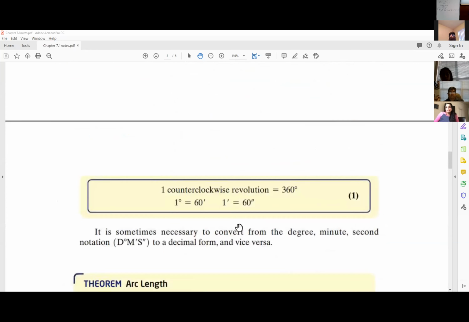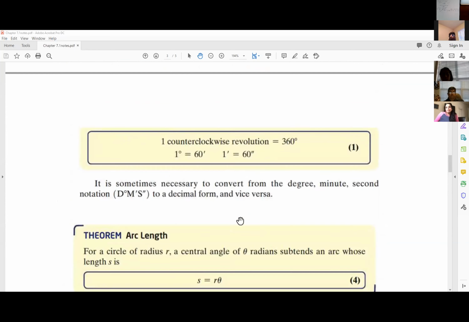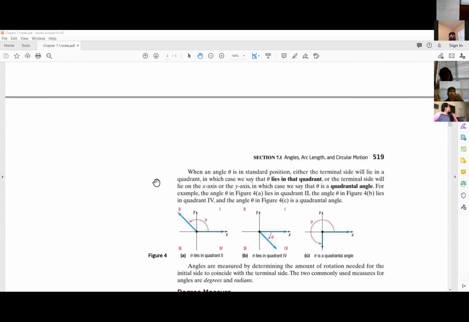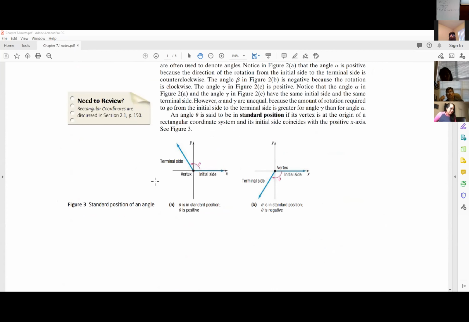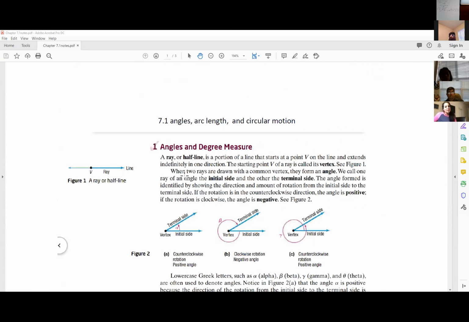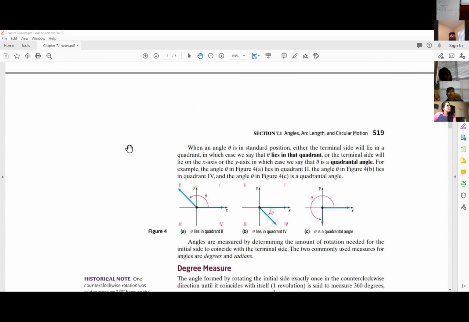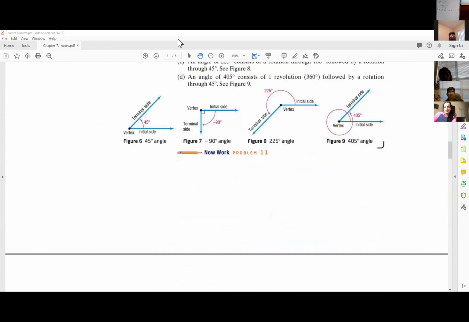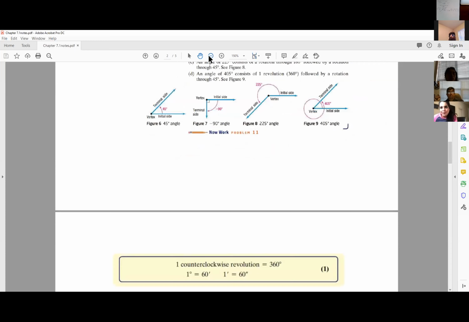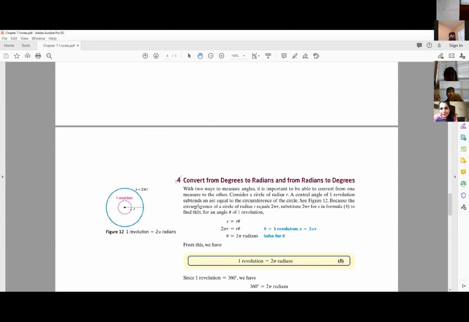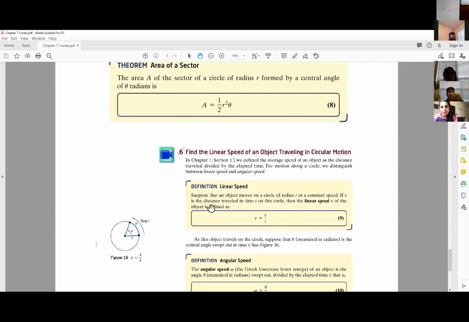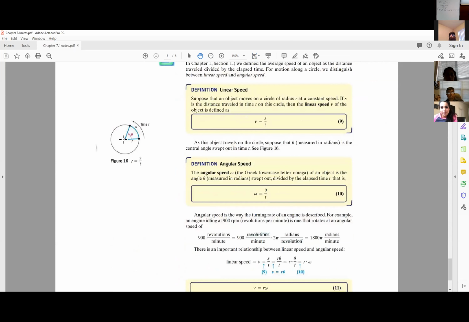So right here, zoom out a bit. This is the only picture I have at the moment, and that's fine.